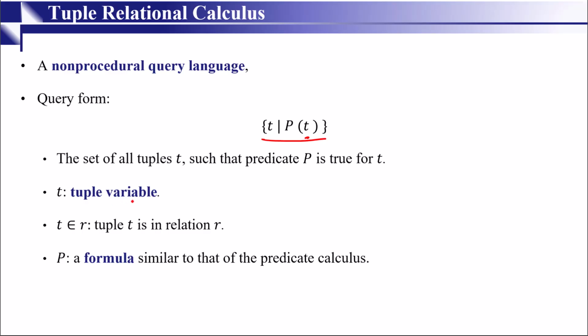T is a tuple variable, and t[A] denotes the value of tuple t on attribute A. t in R denotes that tuple t is in relation R, and P is a formula similar to that of predicate calculus.